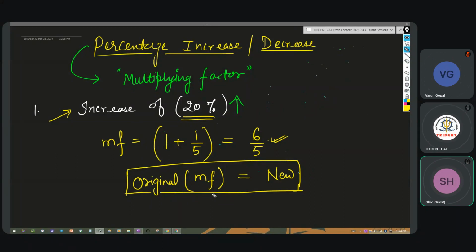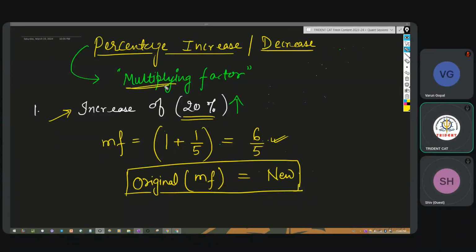So, multiplying factor. It doesn't have any inherent meaning or intrinsic definition to it. It's just a word. It has got nothing to do with factors in general. There are teachers, quantitative aptitude teachers, who would just call it a multiplier.